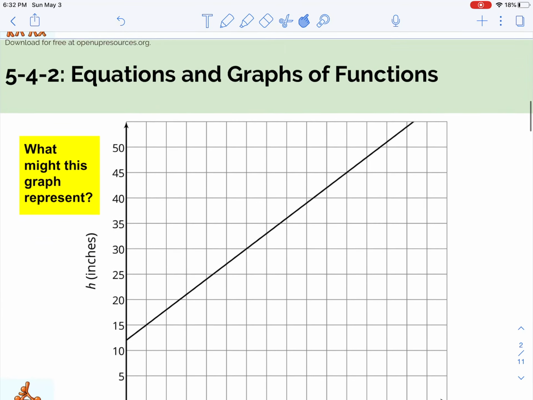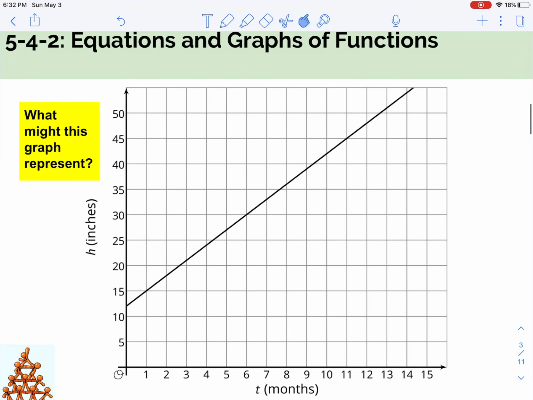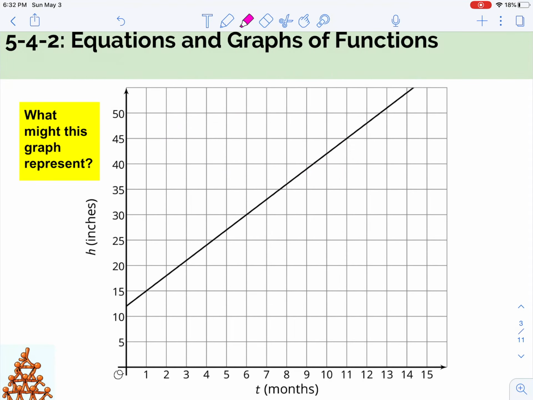Okay. So for this question, what might this graph represent? What they want you to do mostly is just focus on the axes, the labels. So one says T and then the other one says H, inches.